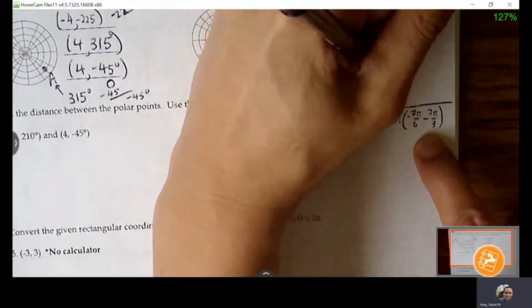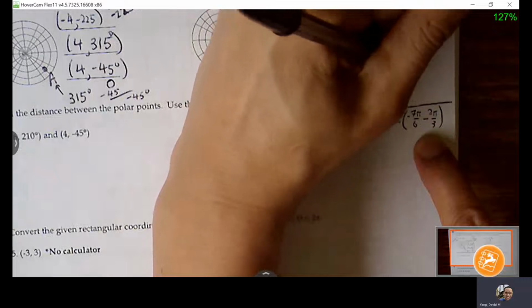Subtract by finding common denominators, so negative 7 pi over 6 minus 4 pi over 6.